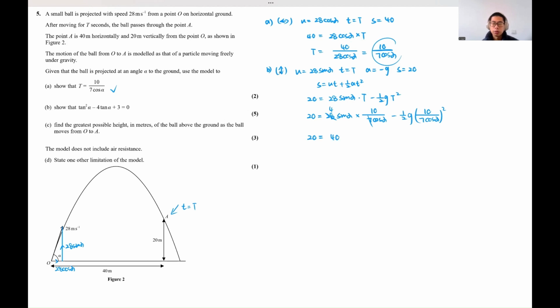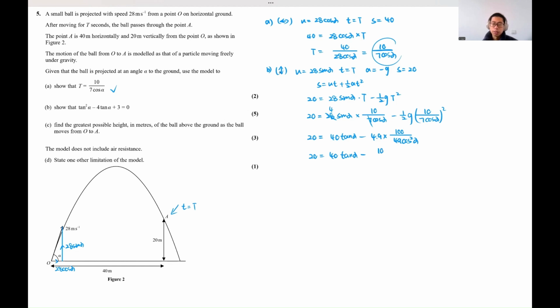And then sine over cos is tan, so that would be 40 tan alpha. And then minus half times g is just 9.8 times 0.5, which is 4.9. And then square both top and bottom of the fraction, that would be 100/49 cos square alpha. So 20 equal to 40 tan alpha minus 4.9 times 100 divided by 49, that will give us 10.